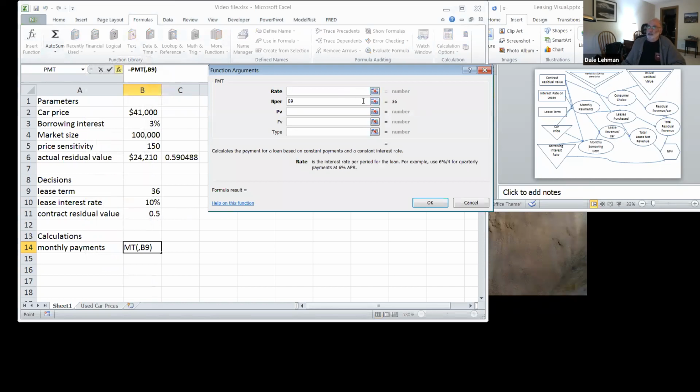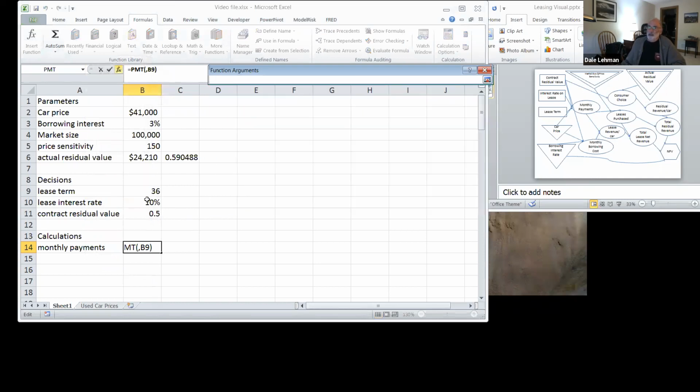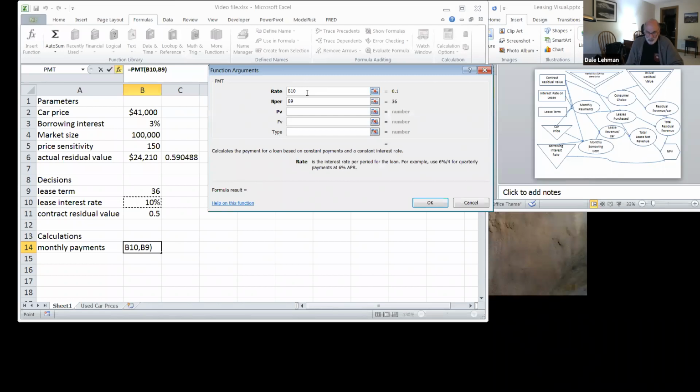The interest rate, well, that's here, except that that's an annual interest rate. So I'll put that in, but I think I need to divide it by 12 because we want a monthly interest rate since we're doing 36 monthly periods.